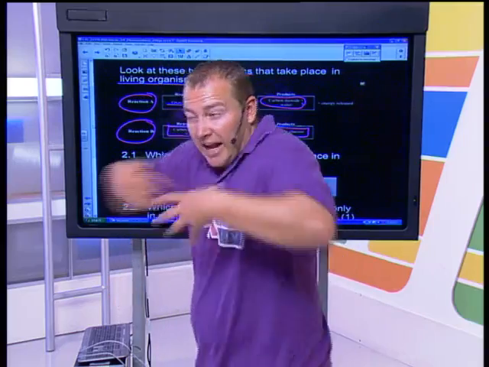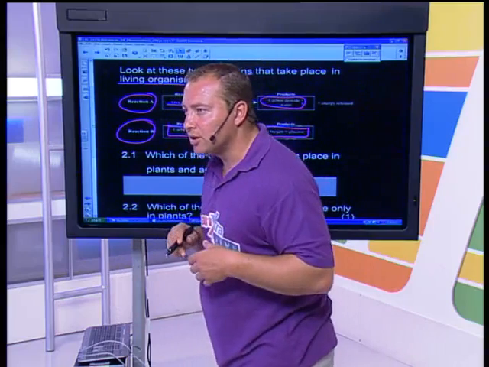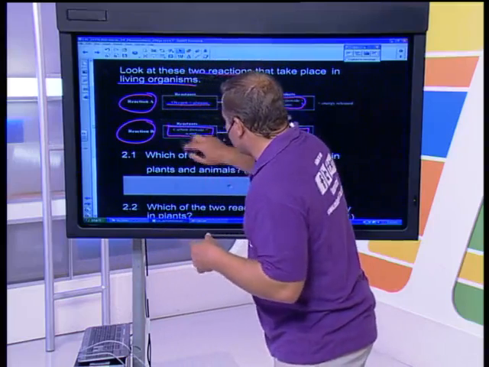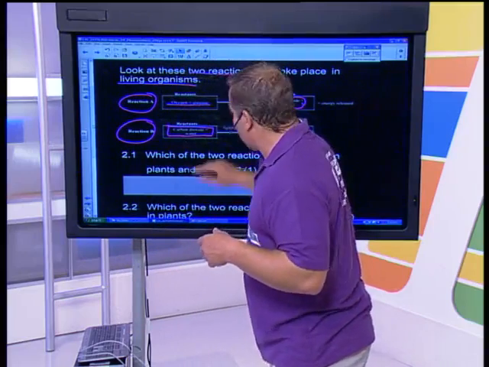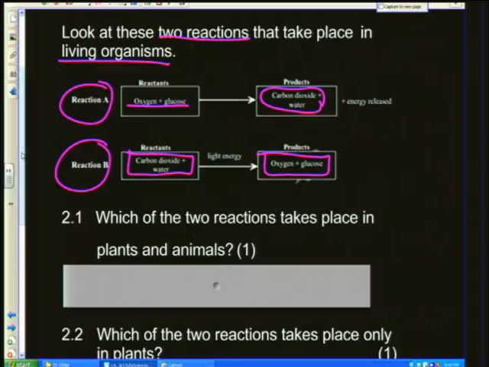That's the first one. Now, in my mind, that's cellular respiration. This one takes carbon dioxide and water, and we make oxygen and glucose. That's photosynthesis, yes. Now the question is, which of the two reactions take place in plant and animal cells? Both.